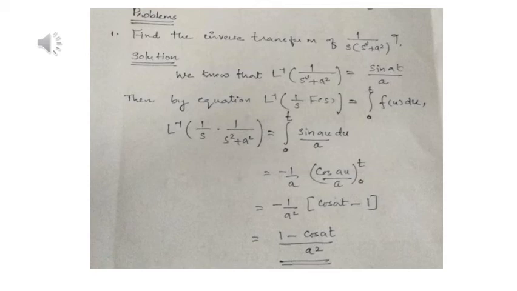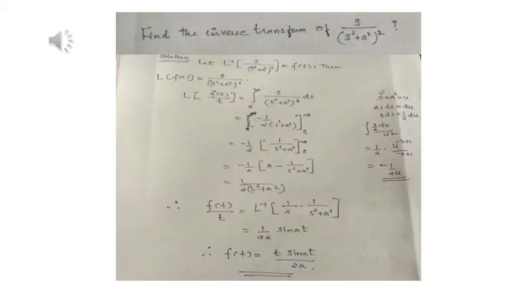Now on integrating, it is minus 1 by a into cos au by a, from 0 to t, and the final answer is 1 minus cos at by a square. That means the inverse of 1 by s into s square plus a square is 1 minus cos at by a square.